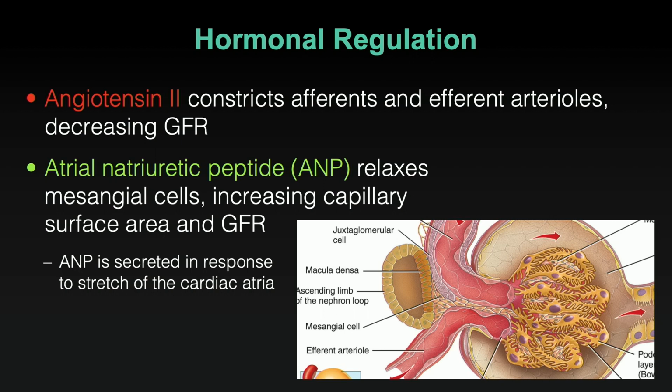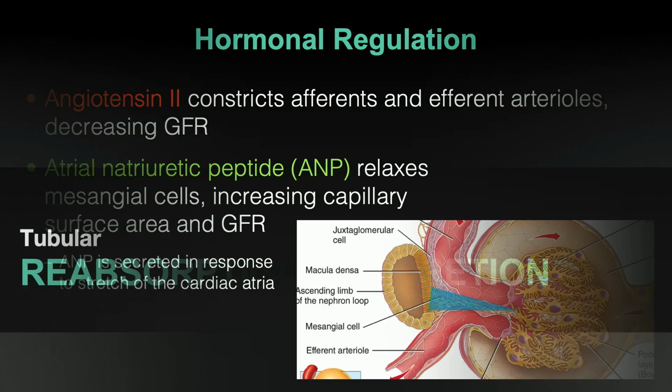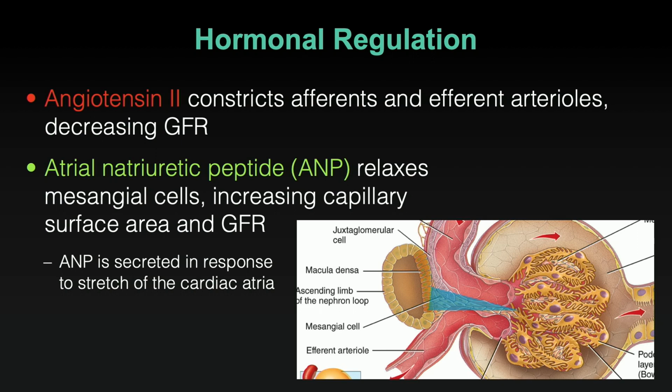And it does that by relaxing the mesangial cells, which are in between the afferent and the efferent arterioles. This is considered to be the pole, the flagpole of the glomerulus. When these are contracted, through mechanisms that I don't fully understand, the surface area is reduced. When they are relaxed, the surface area for filtration increases.